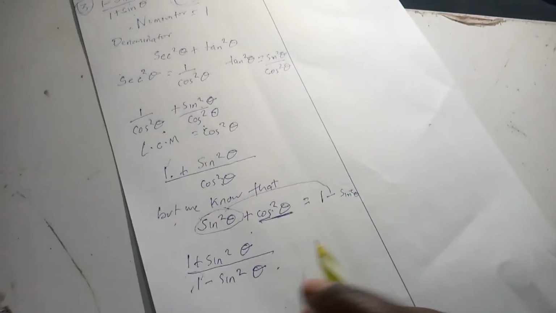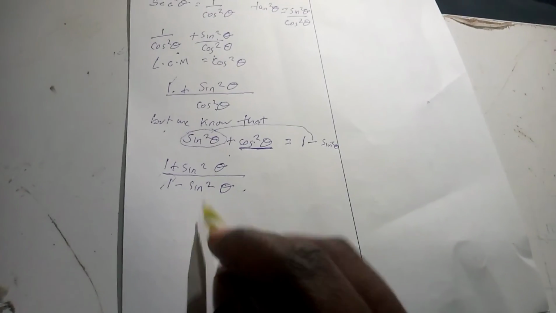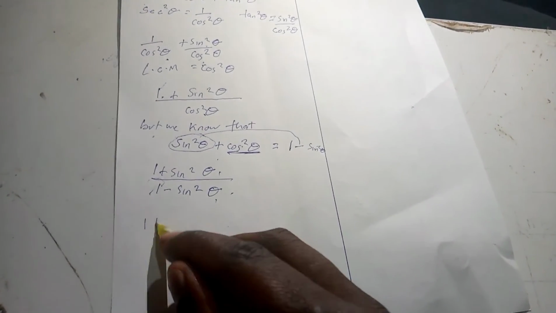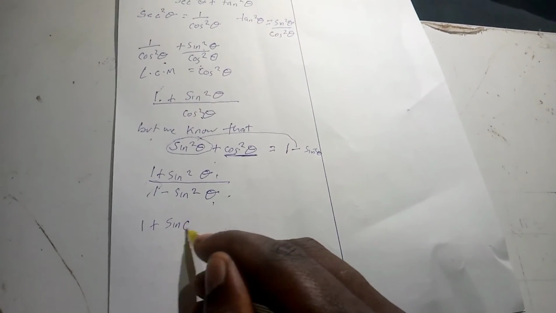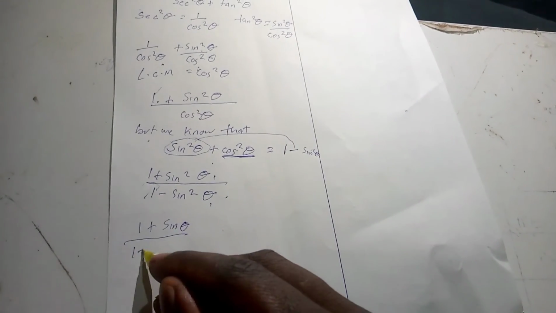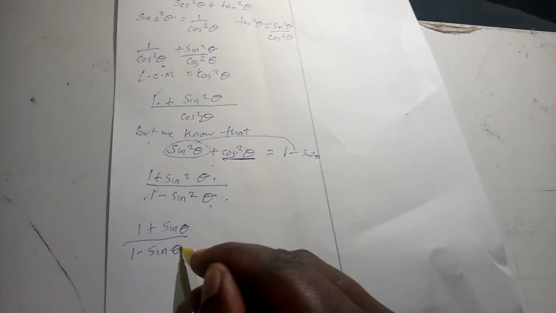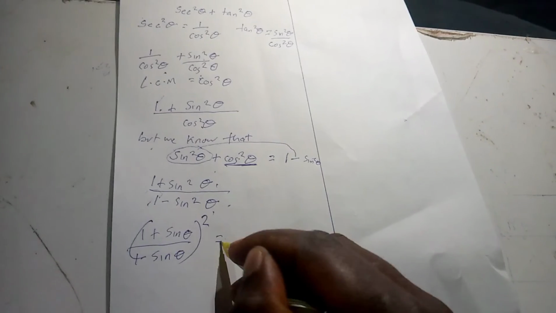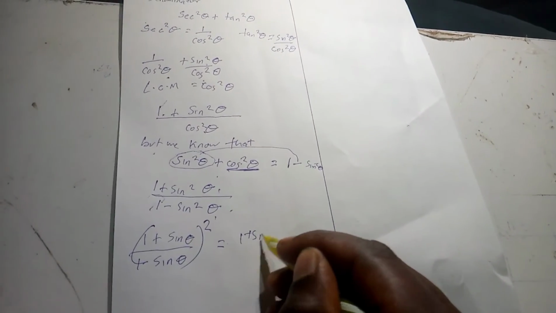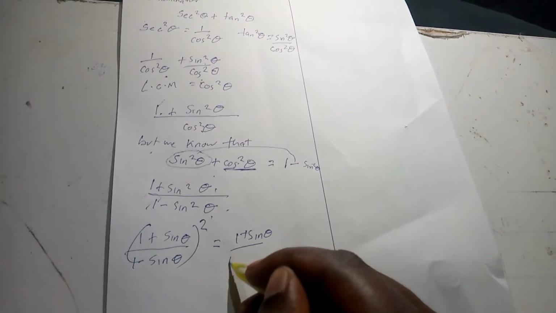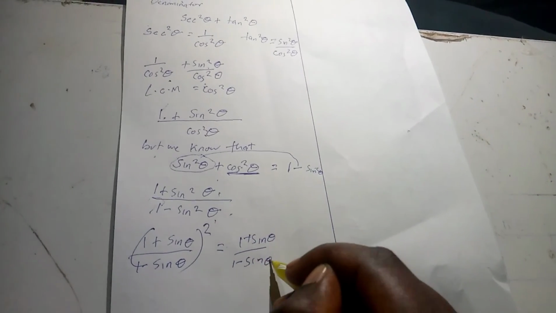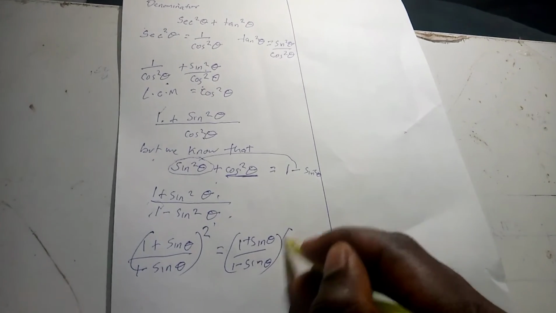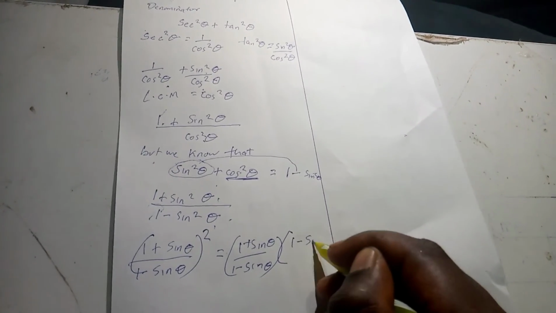So all of them are squared, and when you find a squared minus b squared, the identity will be a minus b times a plus b.